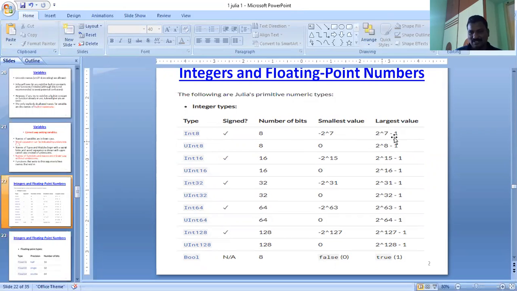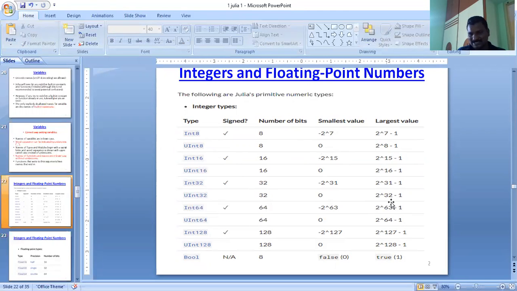Here you consider 127 as the largest value in the case of Int8. Then for UInt, the unsigned integer, the smallest value is 0 with the number of bits being 8. Then Int16, and so on. If I am using a 64-bit computer, the values go from minus 2 power 63 to 2 power 63 minus 1.